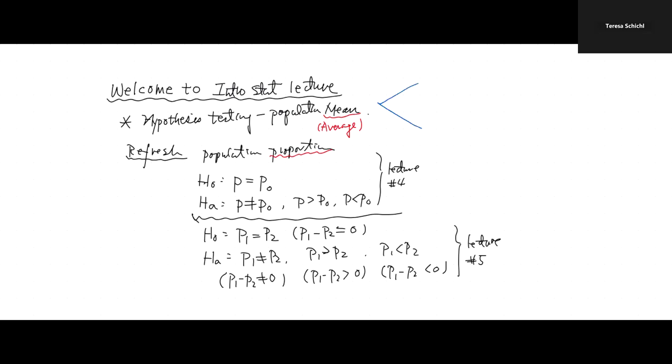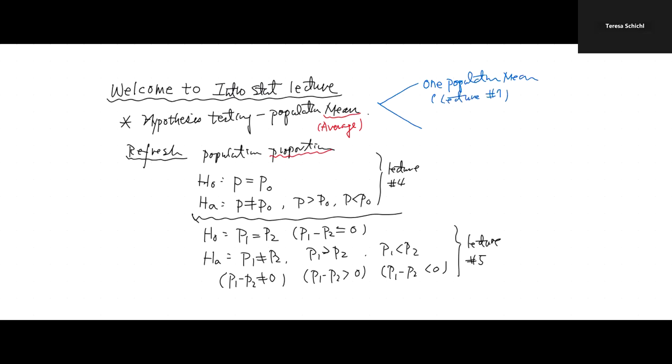So this is the one population, where we have one population mean. That is lecture number 7, which we're going to cover today.